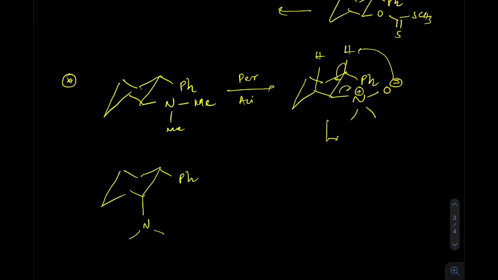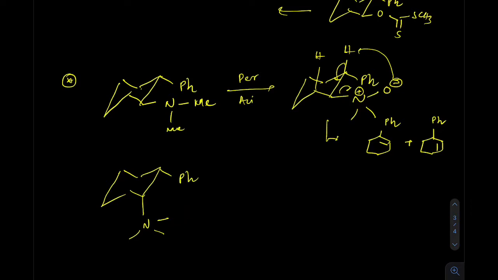Okay, so the product looks like this. This is major due to more substituted and next to the phenyl ring, and another product is minor, which is due to less substituted. In this case also it forms an O minus.